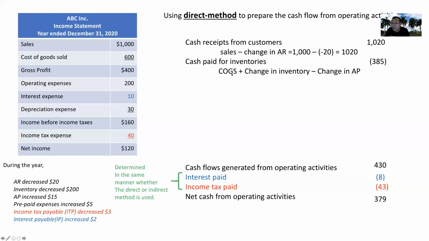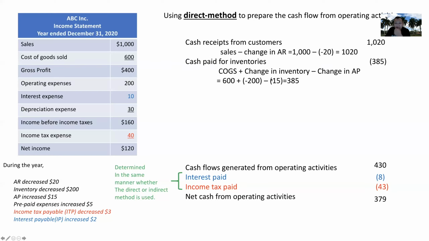If you remember the inventory equation, the cost of goods sold plus change in inventory is the total purchase. Then you minus your purchases on credit, the change in accounts payable. The difference is the cash purchase, right?